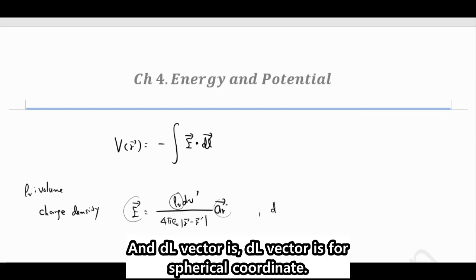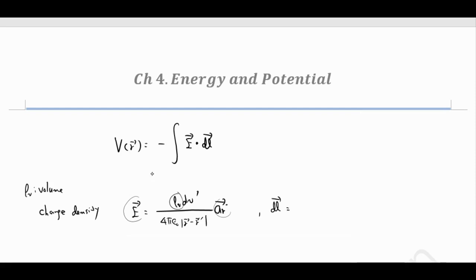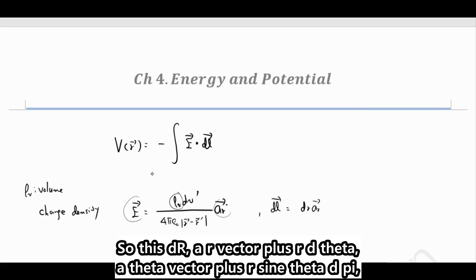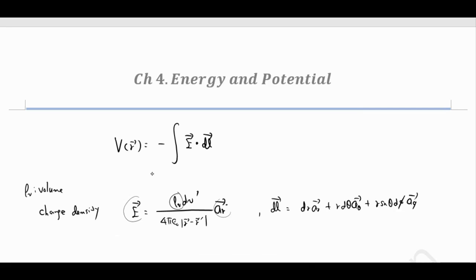And the dl vector for spherical coordinates is dr ar vector plus r d theta a theta vector plus r sine theta d phi a phi vector. This is a volume integral, right?